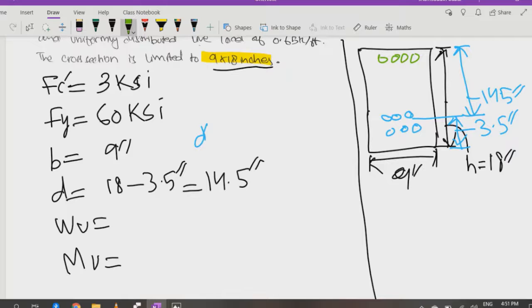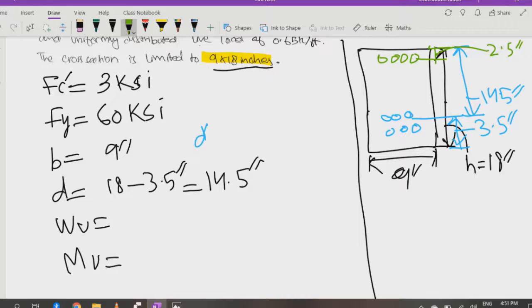Usually the compression bars are provided in one row, so we have 4 bars in one row in compression, and this distance is usually assumed to be 2.5 inches. So d dash is equal to 2.5 inches.